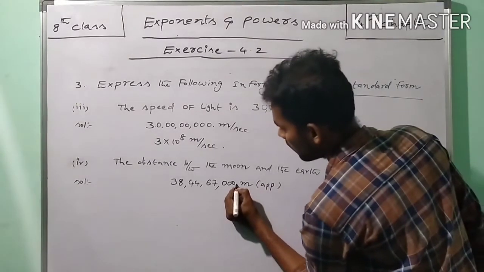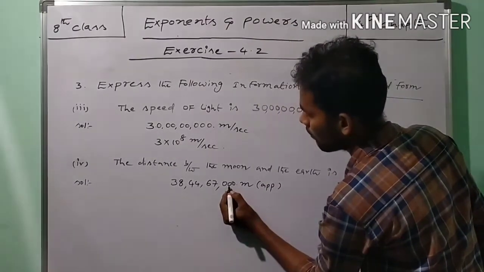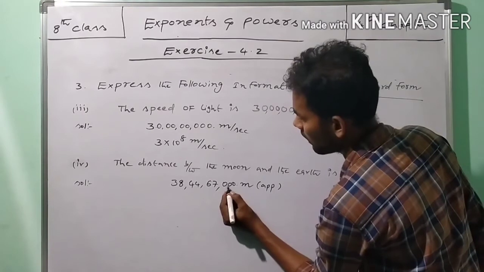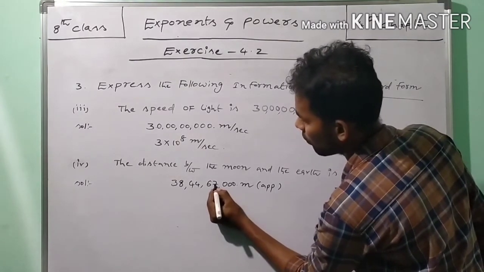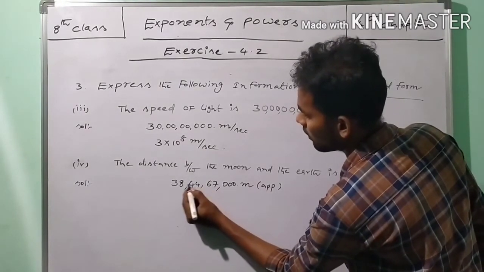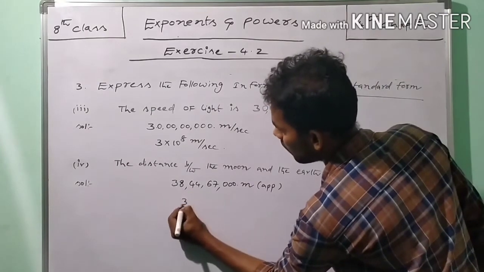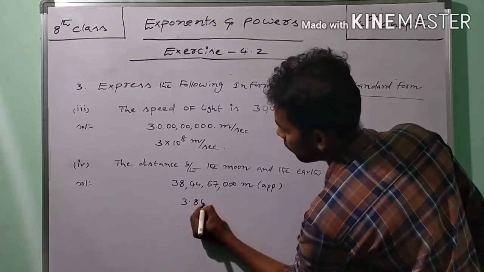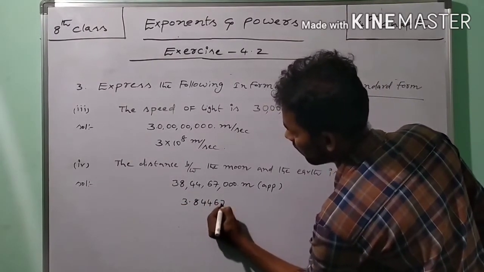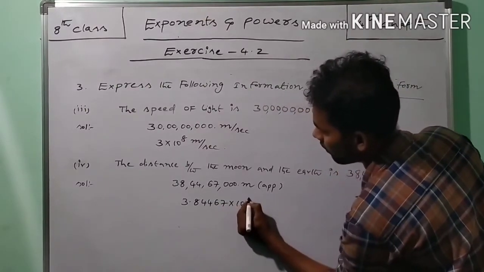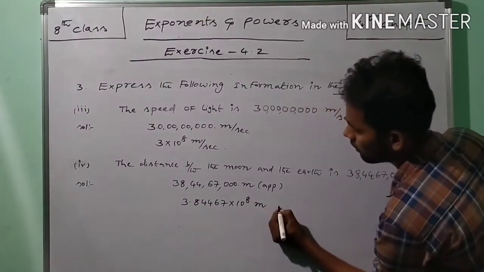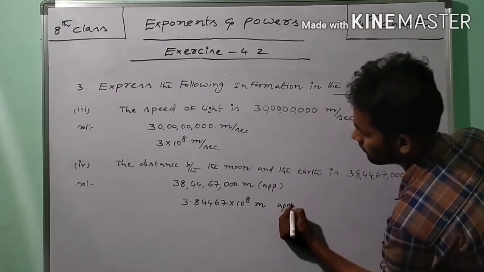Decimal point here. Shift how many places towards the left side? 1, 2, 3, 4, 5, 6, 7, 8. So 3.8447 into 10 to the power of 8 meter approximately.